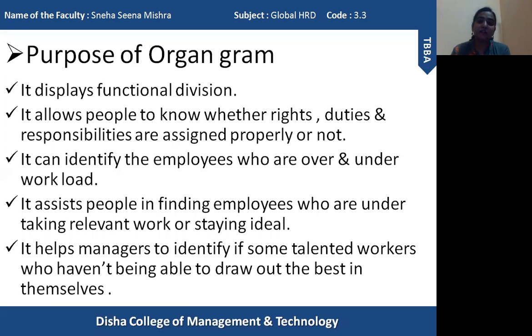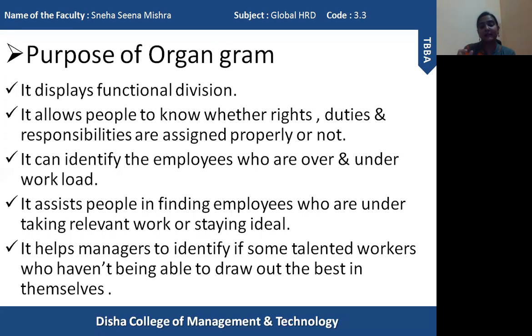So each and every job has duties, rights, responsibilities, authorities, and accountability also. So this organogram represents whether a particular job is given the rights, duties, and responsibility, whether these things are assigned properly or not. That is represented in an organogram.